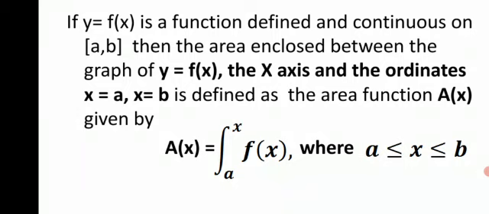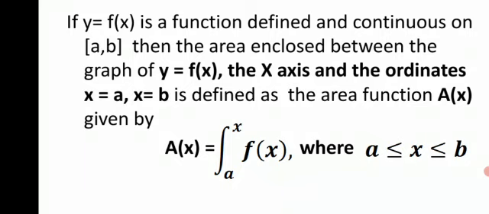So I can say that A of x will be equal to the integral from a to x of f(x) dx, where a is less than or equal to x less than or equal to b.